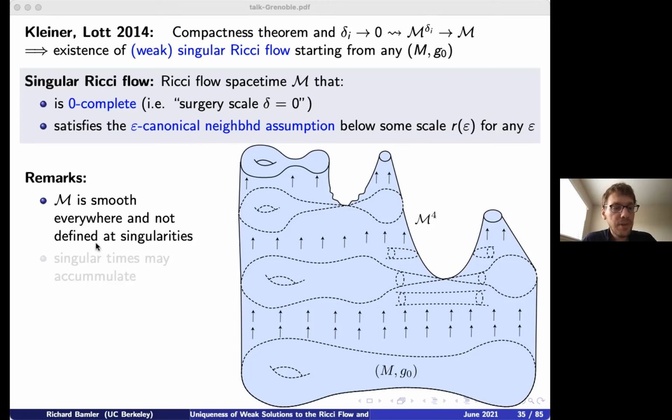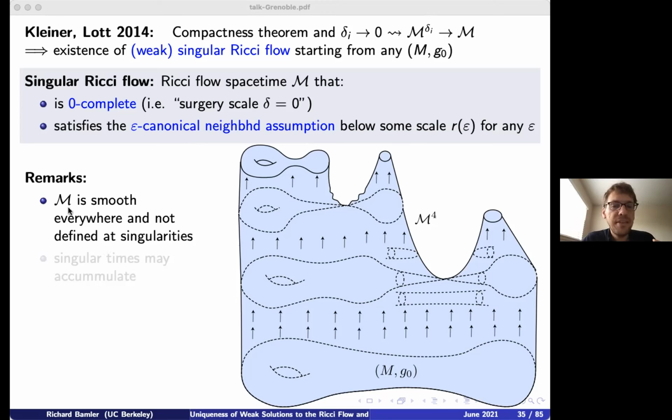The reason for this discrepancy is that we're essentially thinking of the singular Ricci flow as some other object, and what we're talking about is just the regular part. So essentially, this Ricci flow spacetime is the singular Ricci flow minus all the singular points.